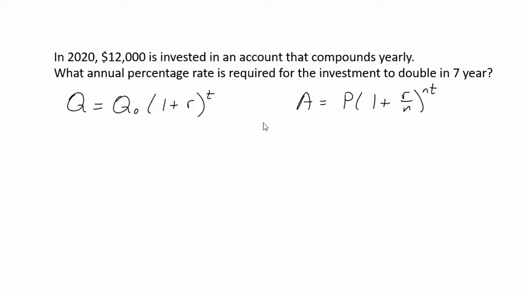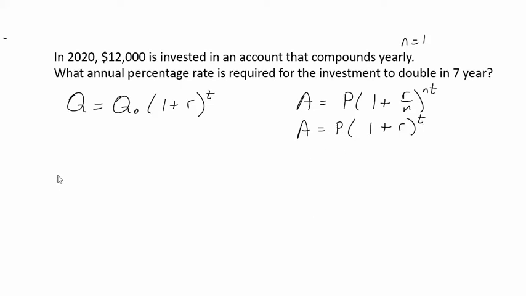Now I'm doing compounds yearly, so the n value is 1. So if we put 1 in here for n, let's take a look at what this formula looks like now. N is 1, and then if I put 1 in here, I get t. Now this looks exactly like the exponential growth formula, where p is my starting value and a is my new value.